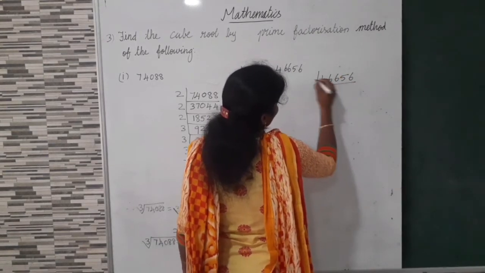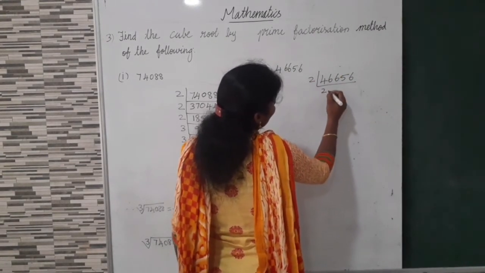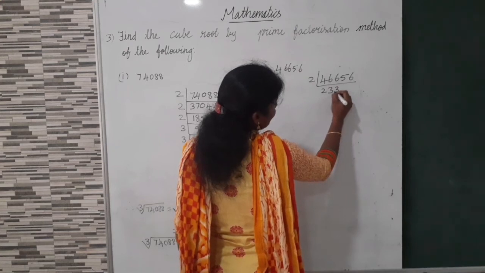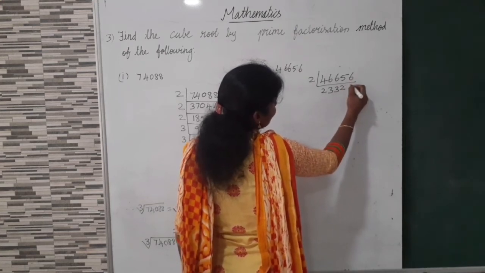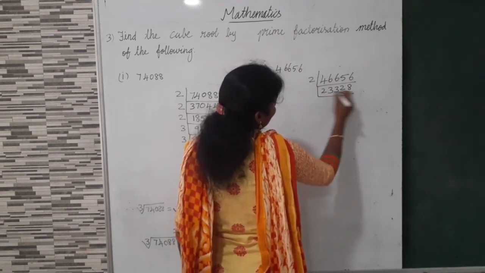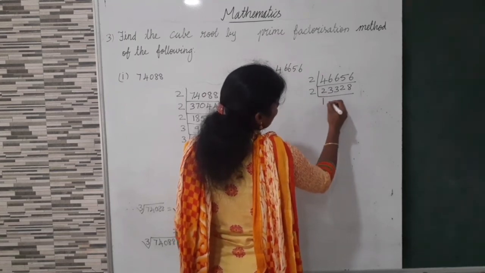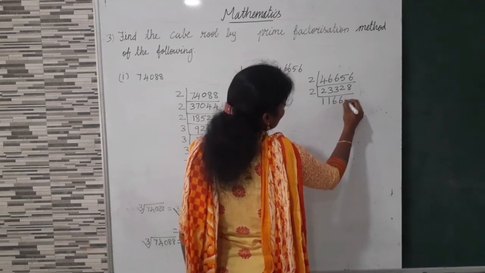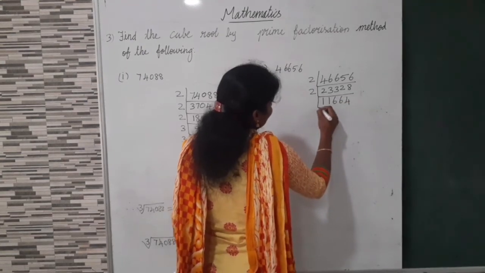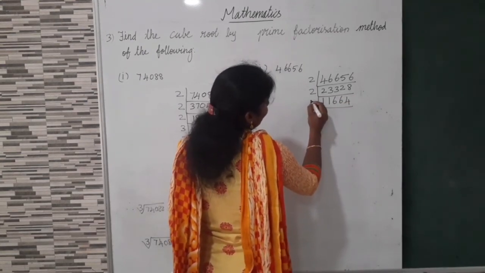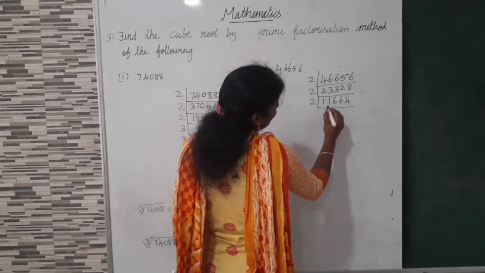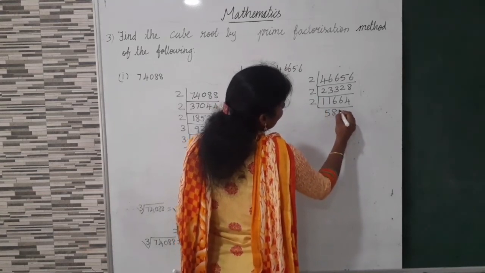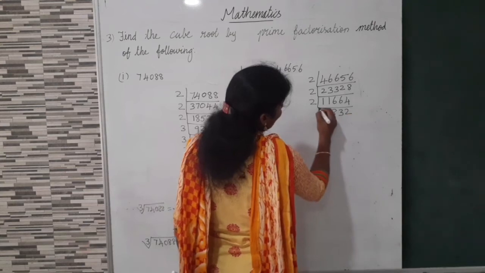46,656. 2 table, 2 2s are 4, 3 2s are 6, 3 2s are 6, 2 2s are 4, 1 balance, 8 2s are 16. Then 2, 1 2 is 2, 1 2 is 2, 6 2s are 12, 1 balance, 6 2s are 12, 4 2s are 8. Okay, then 2 table, 5 2s are 10, 1 balance, 8 2s are 16, 3 2s are 6, 2 2s are 4.